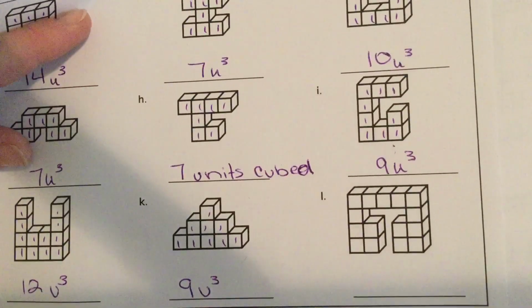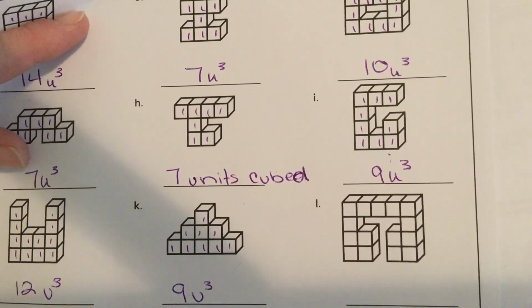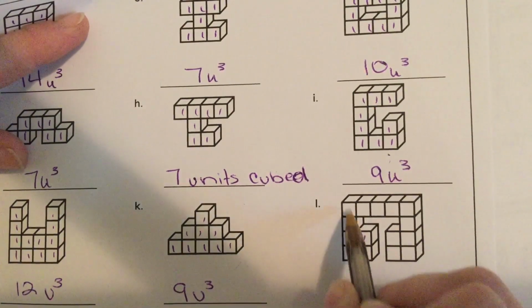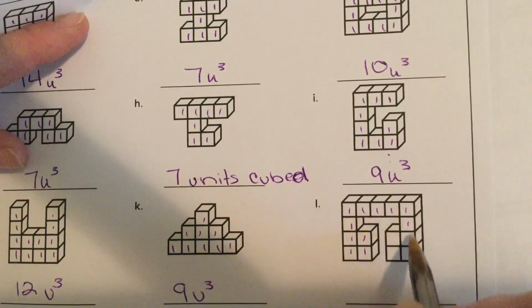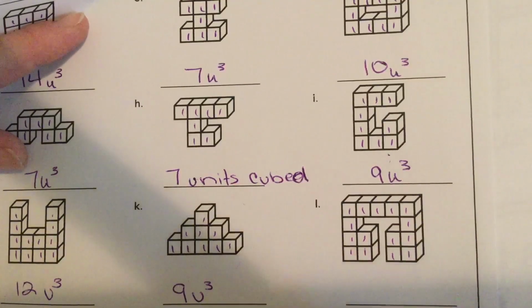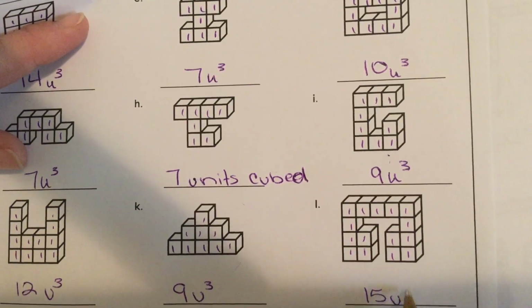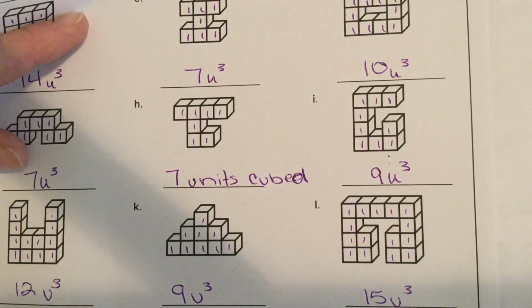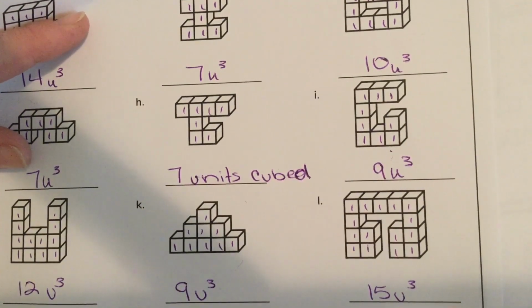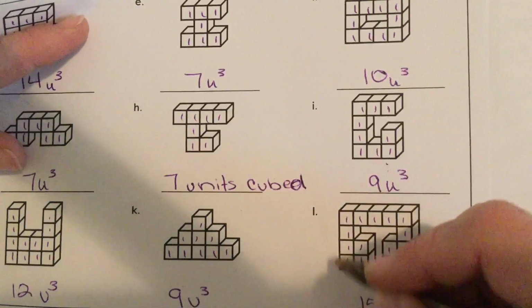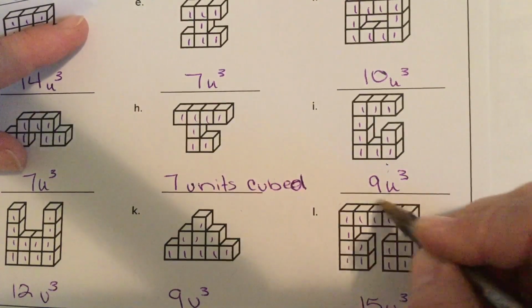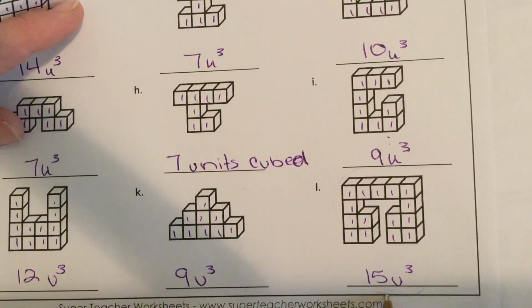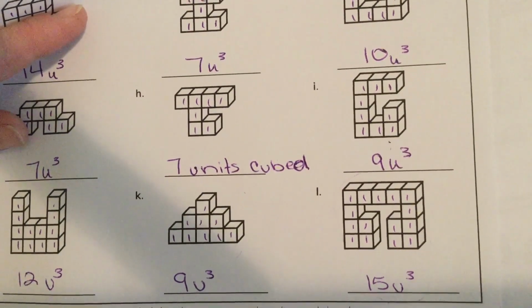All right, and the last one. 1, 2, 3, 4, 5, 6, 7, 8, 9, 10, 11, 12, 13, 14, 15. 15 units cubed. Okay, so see, all you're doing is counting the units. Had there been another one back here behind it, and all of them were filled in, we would have just doubled this, 15. Okay, so let's look at a couple more.